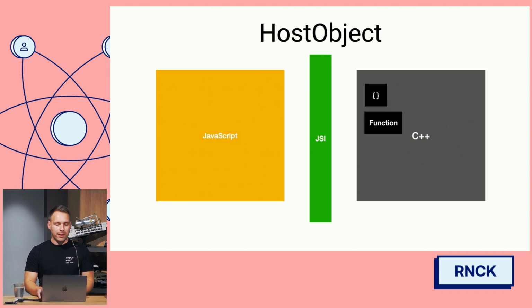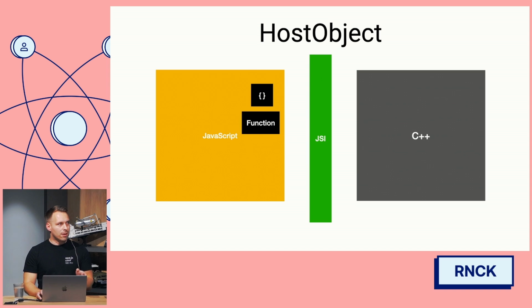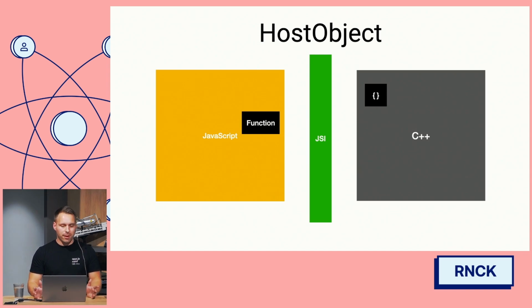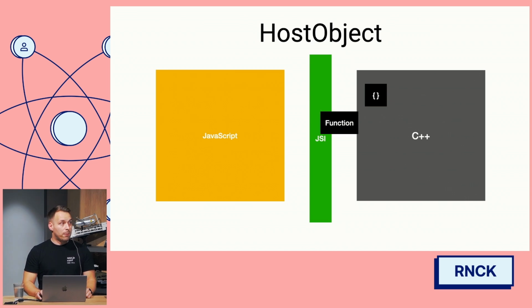You can also create a function and pass it to JavaScript. And if your user will access some kind of property, you will actually call code on the C++ side. Same with the function. If the user invokes the function, it will literally invoke a function in C++.